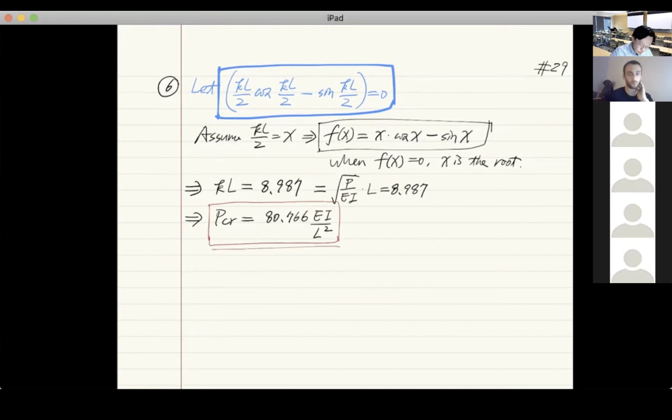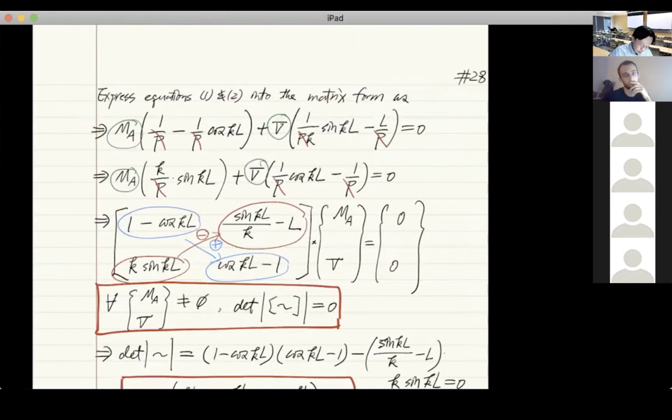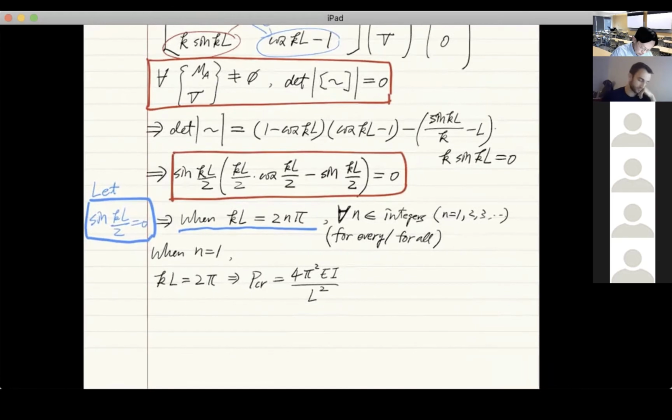Now we have two roots. This is one, the other is the one before, which is this. What's the value of 4 pi squared? If you calculate pi as 3.1415965, I believe it is close to 39.48, something like this, times EI over L squared.